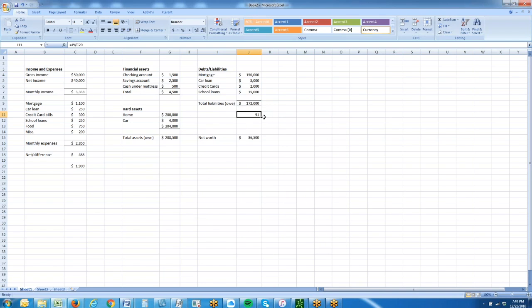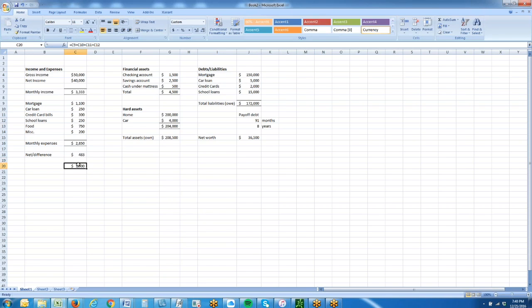So it'll take us 91 months to pay off our debt. So I'm going to say pay off debt, and this is in months. And if we want to look at that in years, we can take this divided by 12, and so you take that same formatting, put it here, and so that would be 8 years to pay off what we owe.